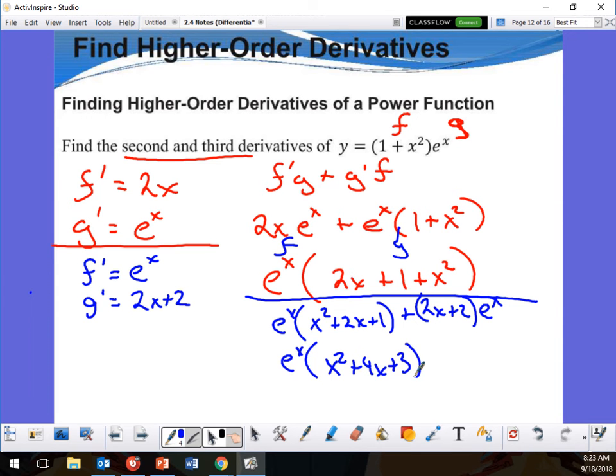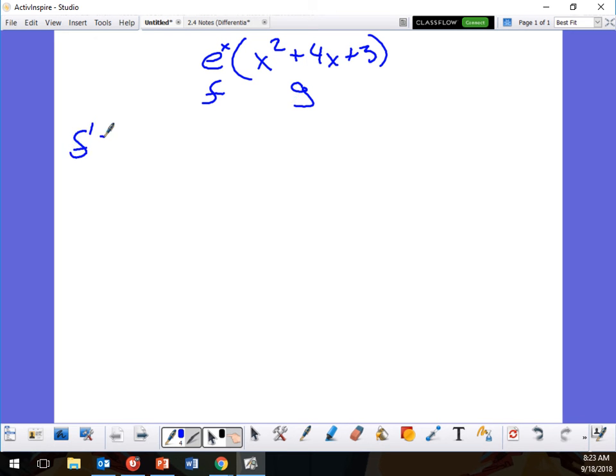And the third derivative. We have e to the x, x squared plus 4x plus 3. In this case, this is my f and this is my g, because we have to do one more derivative to get to the third. We got the first, we got the second, now we need to do the third. So f prime is e to the x, g prime is 2x plus 4.